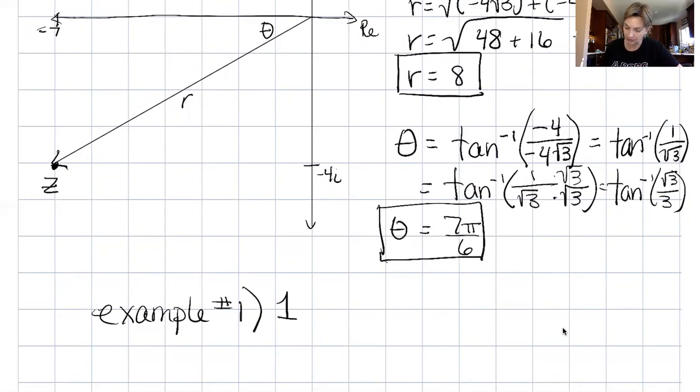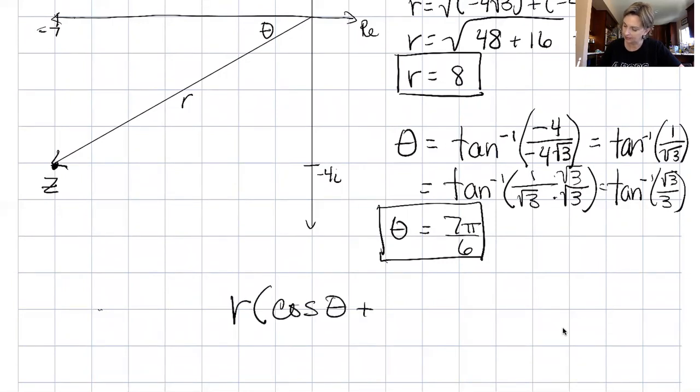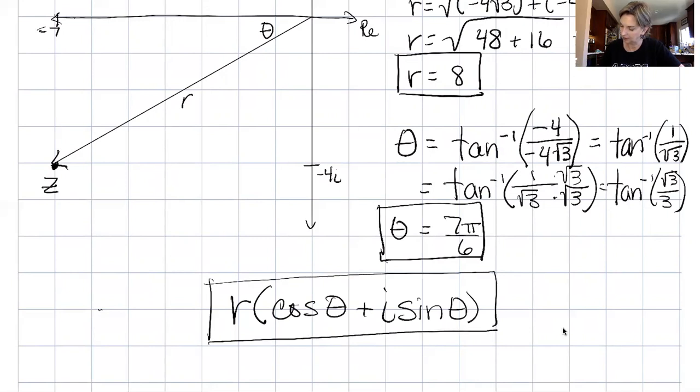The way I would do that is I take that r value and plug it in. Actually, why don't I write what the polar form is first? Polar form of a complex number is r cosine plus i sine. Okay, that's polar form of a complex number.